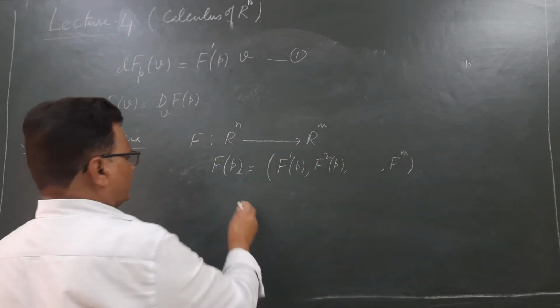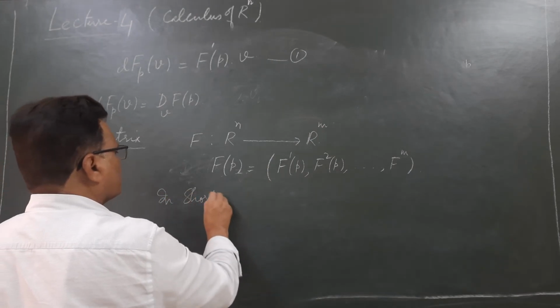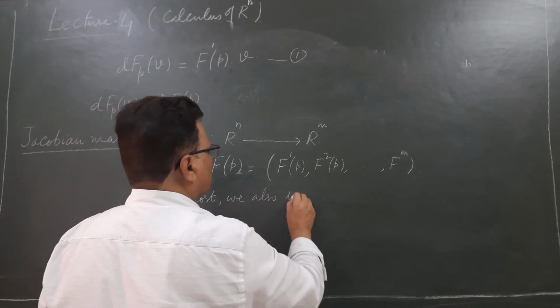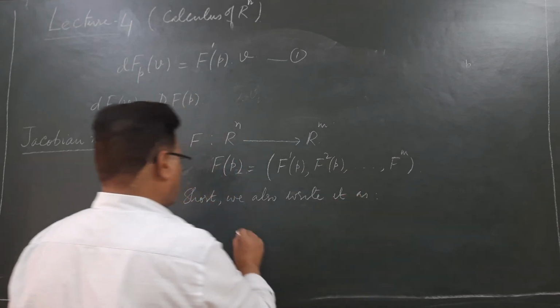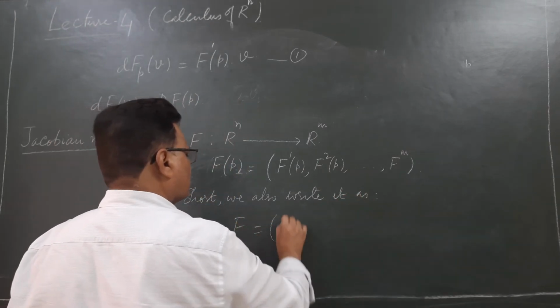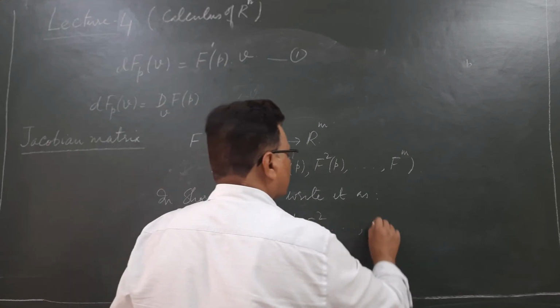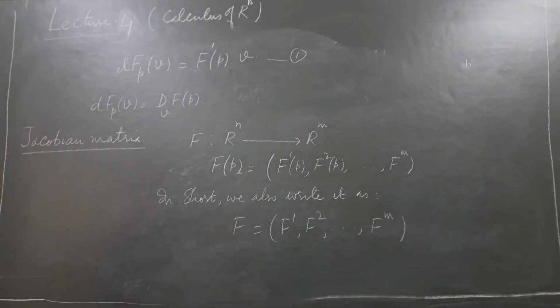In short, we also write it as f equal to f1, f2, fm. There are m components of f.